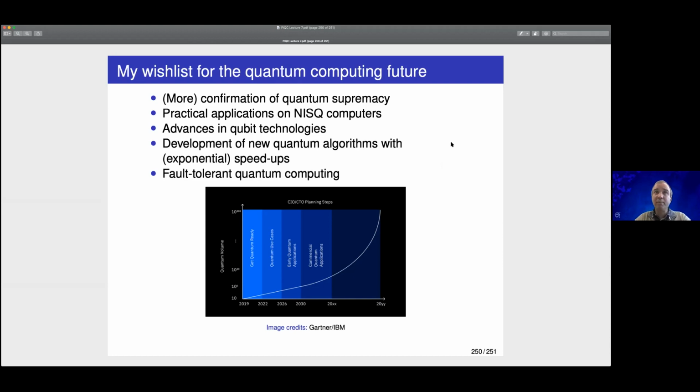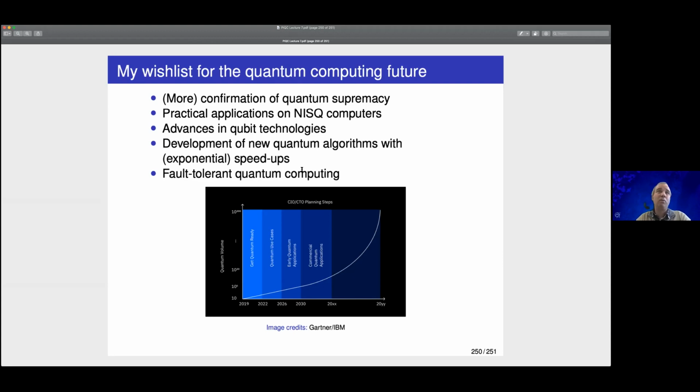Of course, it would be very interesting to develop practical applications of these niche quantum computers that we have now, maybe with quantum machine learning, maybe with chemistry simulations, maybe with applications in high energy physics. Of course, we also expect to have advances in qubit technologies, increasing the coherence times, decreasing the errors, in order to be able to implement this fault-tolerant quantum computing.